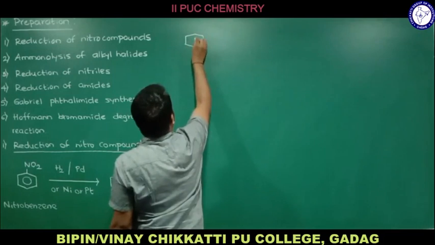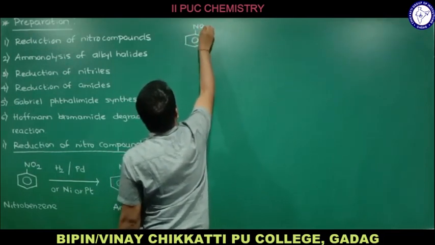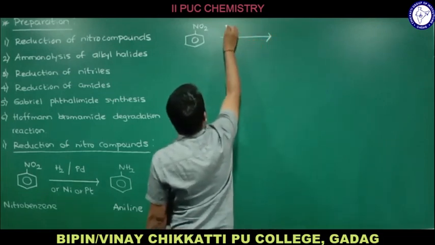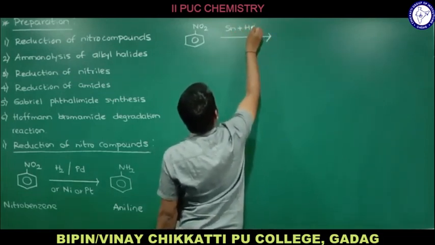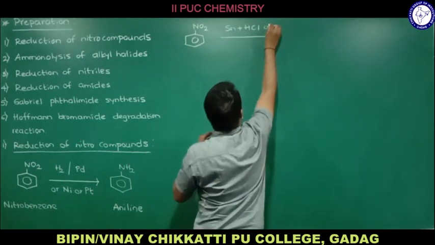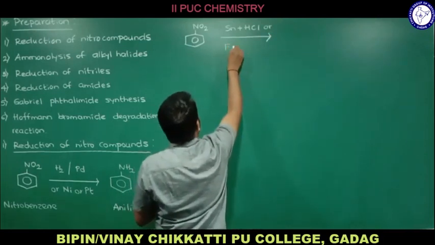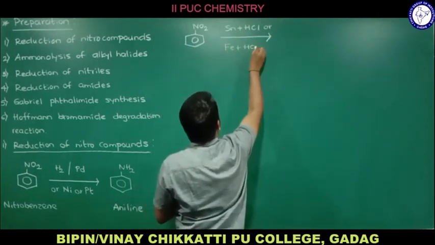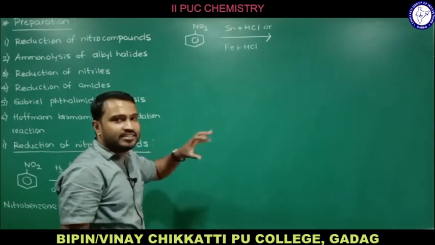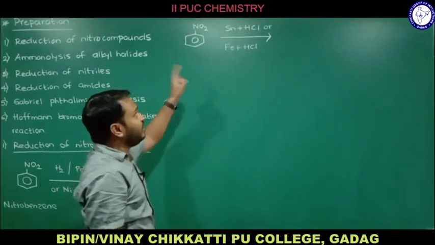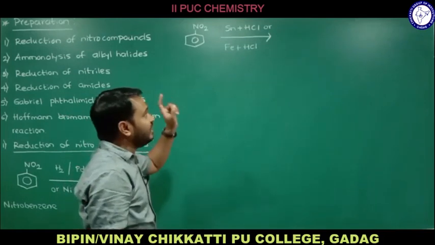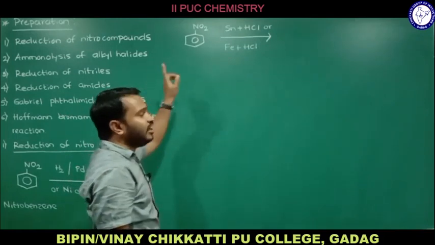If you consider nitrobenzene as an example, benzene ring with NO2, what happens when you consider the mixture of tin with concentrated HCl, which acts as a reducing agent, or we have one more reducing agent: you can consider the scrap iron in the presence of concentrated HCl. So these two act as reducing agents. Tin with concentrated HCl or iron with concentrated HCl acts as the reducing agent, and that is going to reduce the nitro group into amine group.